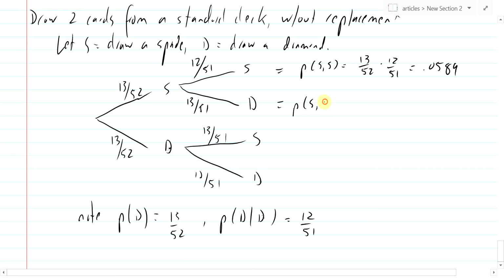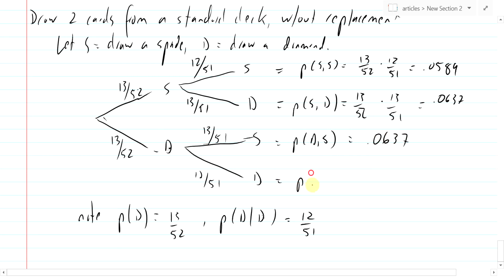Probability of getting a spade and then a diamond is 13 over 52, right? This number times that number, 13 over 51, which is 0.0637. And probability of getting a diamond then a spade, that's this branch, and that's actually also 0.0637. And probability of getting a diamond and then a diamond is 0.0589.